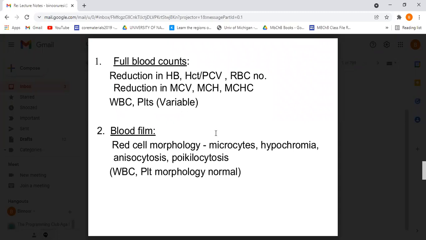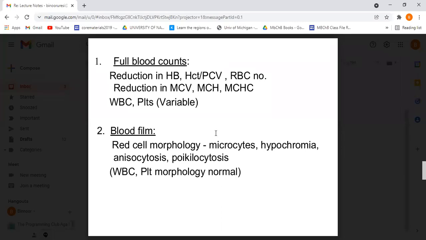And then you have reduced MCV, the mean corpuscular volume, reduced MCH, mean corpuscular hemoglobin, and MCHC, mean corpuscular hemoglobin concentration. So these are variables we use.